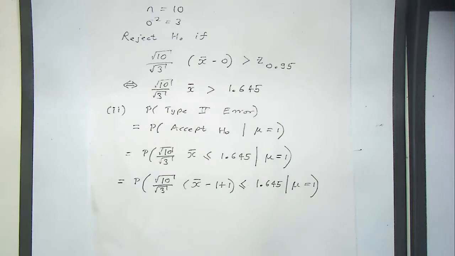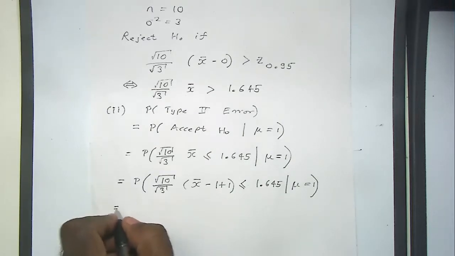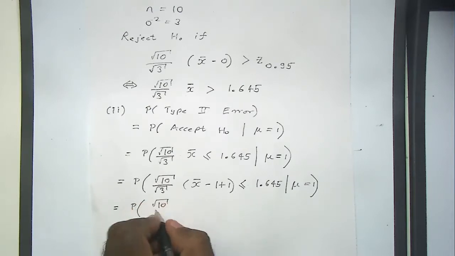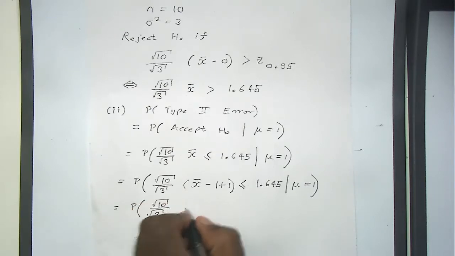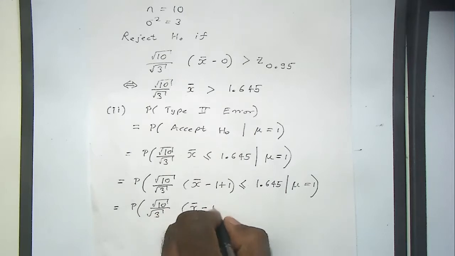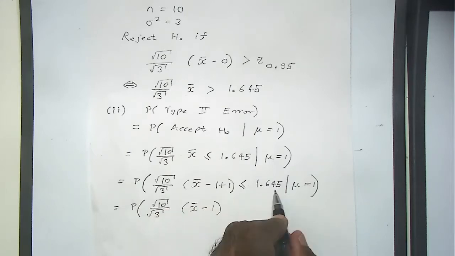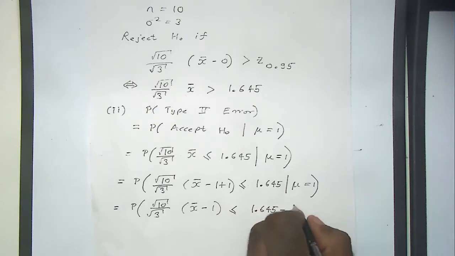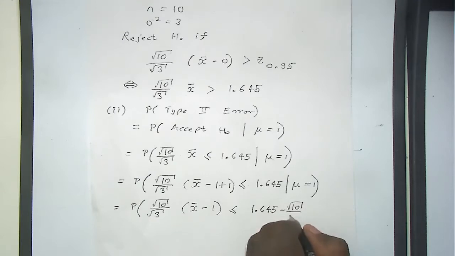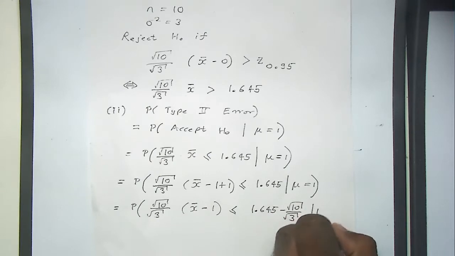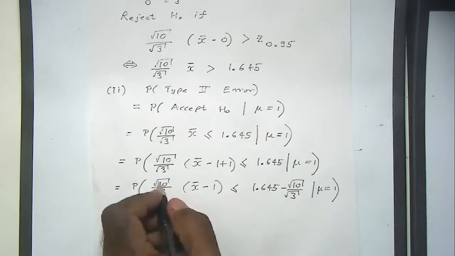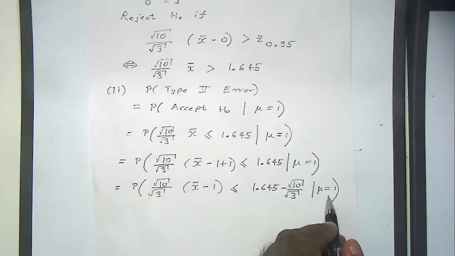The reason I'm doing this will become clear in a minute. I'm going to take the second one to the right hand side, so this will become now. You should look at this guy here, right? Condition on mu equal to 1.